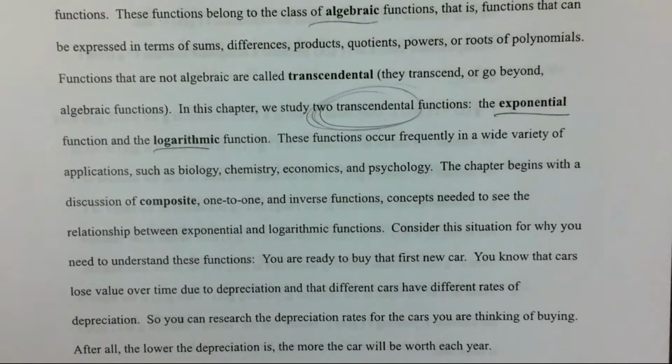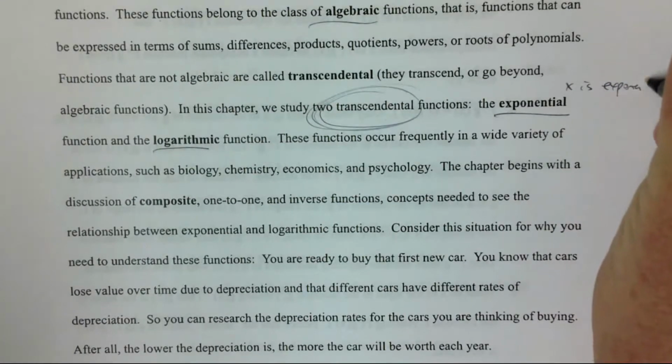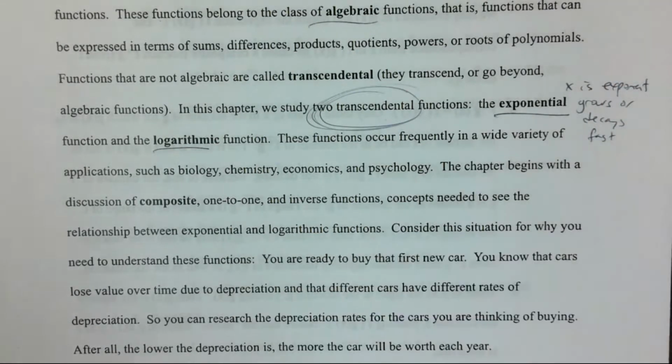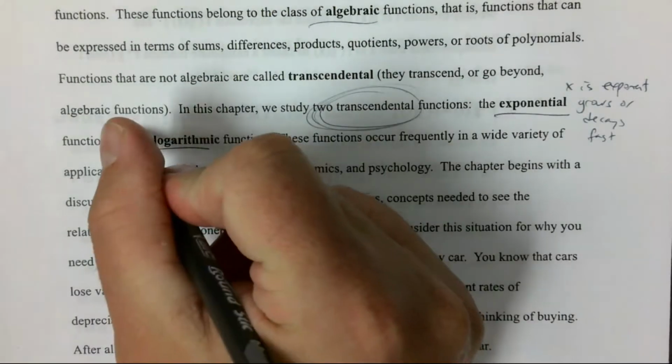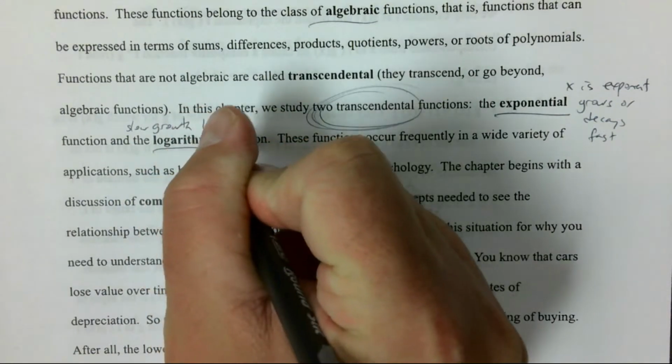Exponential is going to be one where x is the exponent and it grows or decays fast. And then logarithmic would be slow growth, like square root of x.